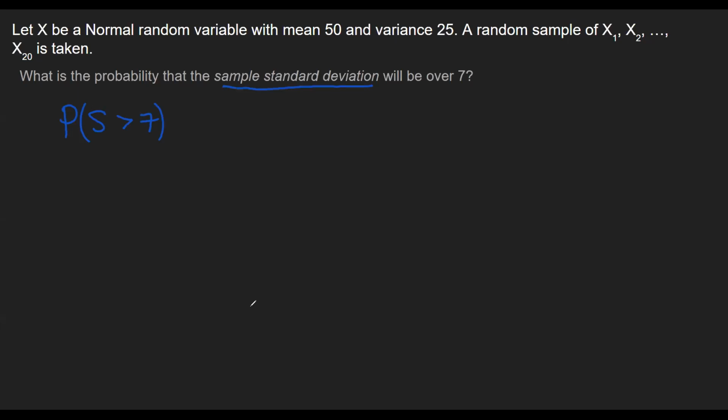So if we recall, the chi-square distribution, with the symbol χ² on n-1 degrees of freedom, is equal to this equation.